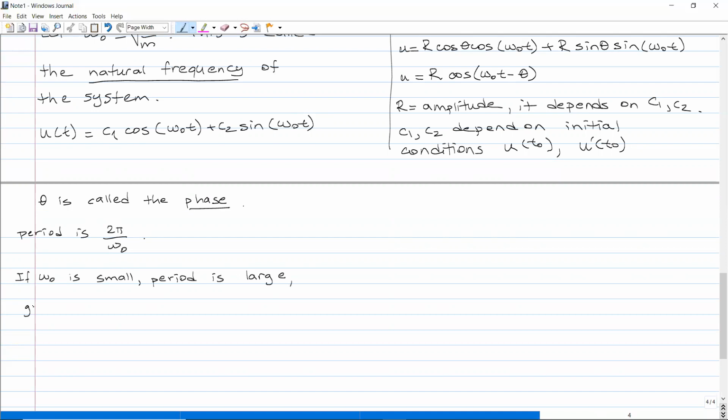If omega 0 is small, then the period is large, the graph is sparser.